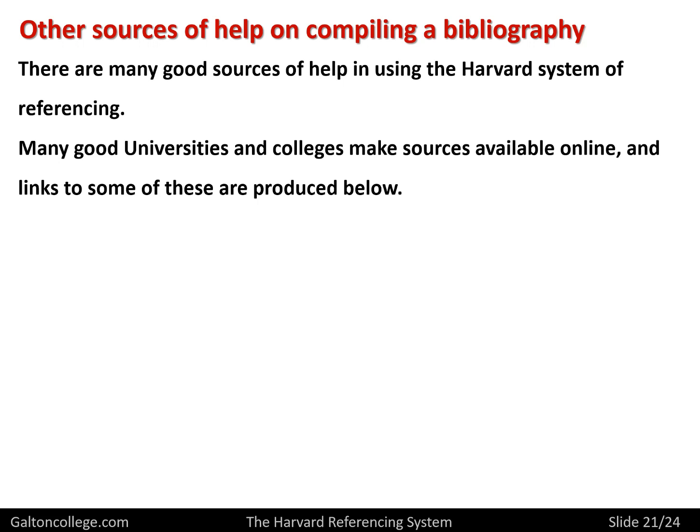But many universities and colleges, just go online and type in Harvard referencing and you'll find many good universities and colleges make this available to the general reader because it's online and it's open, but I suppose it's primarily aimed at their own students for ease of access. But it's online and it's open, and there's nothing to stop you from looking at it.